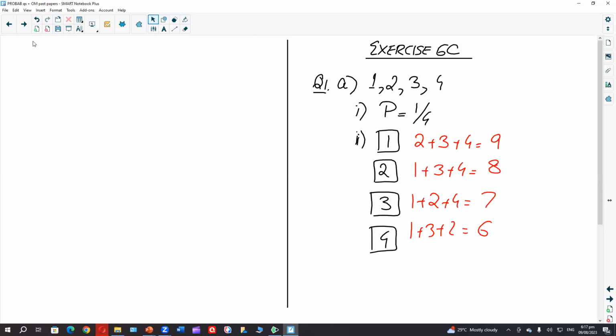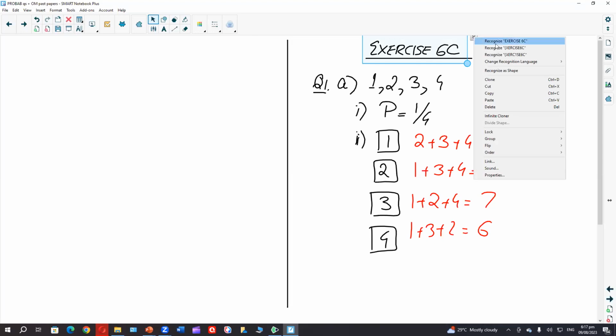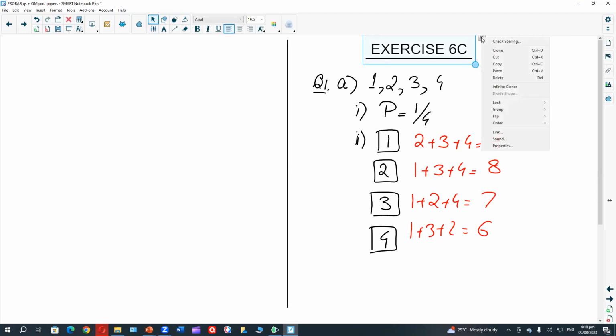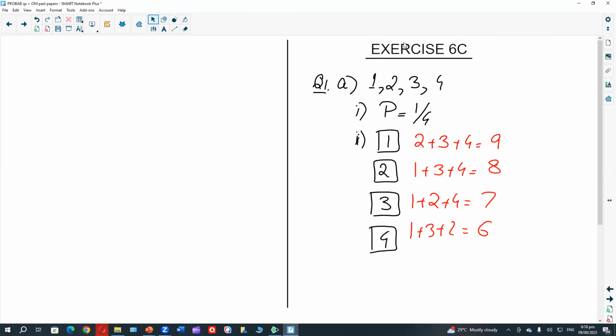Should I copy the whole exercise? No, you have to copy only the solution. You just have to give the number. Exercise 6C, only give a reference.